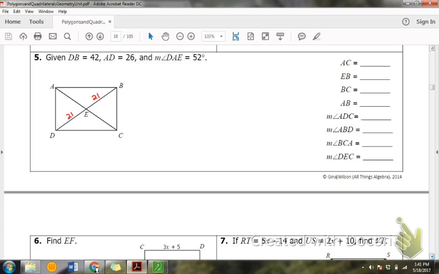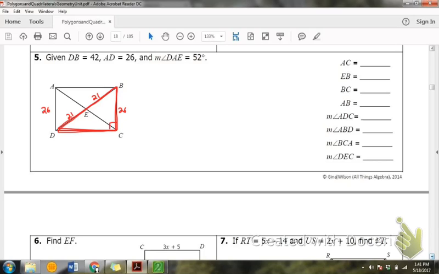Okay. 21 and 21. AD is 26. And, okay. So here's what we know. Over here is also 26. To find that missing bottom piece, aren't we going to have to do a squared plus b squared equals c squared again?